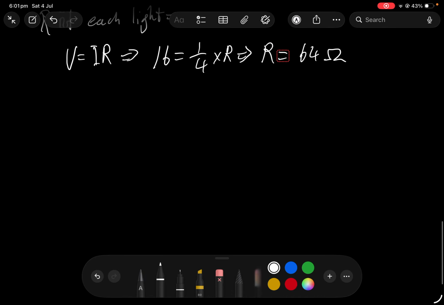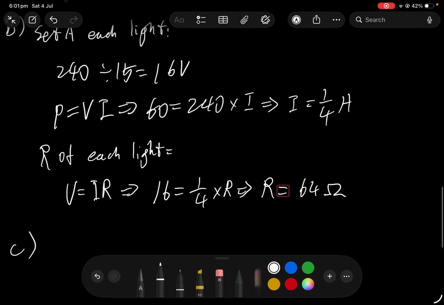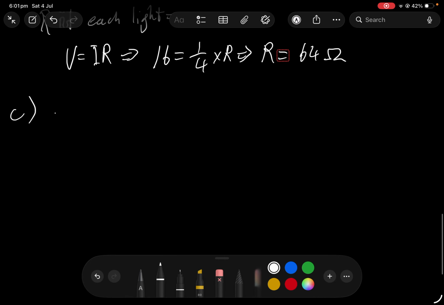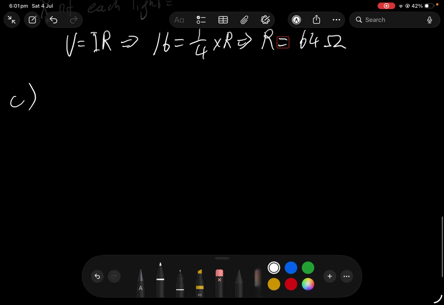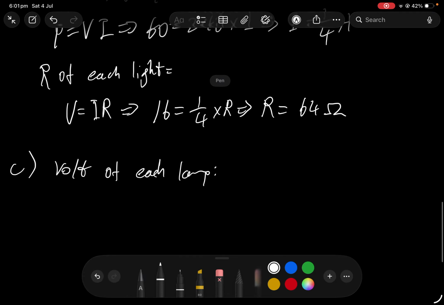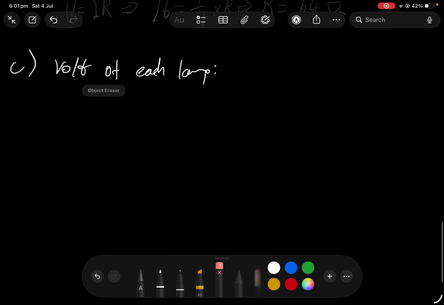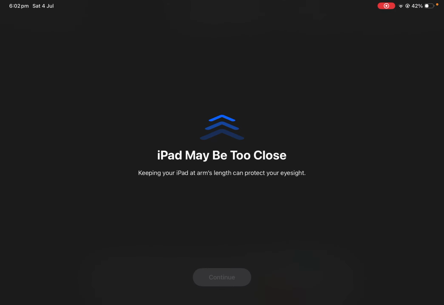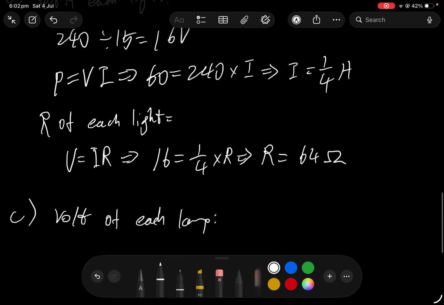And for part C, it asks us to calculate the resistance of each lamp connected in parallel in set B. So we have to find the same again. That means we'll find the voltage of each lamp, which is just 240, because in parallel all the volts are the same.